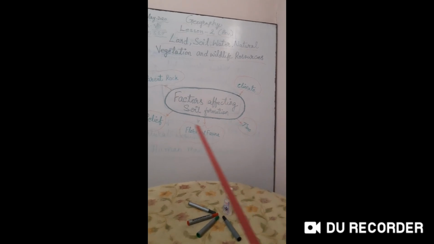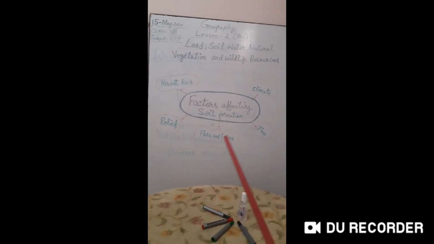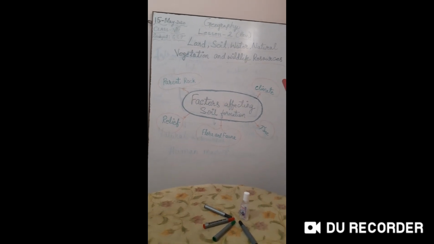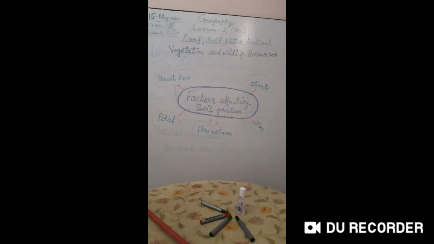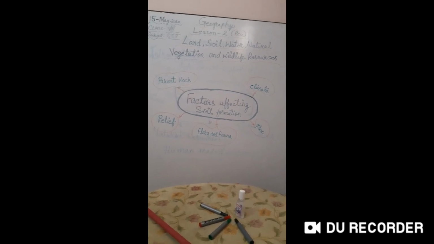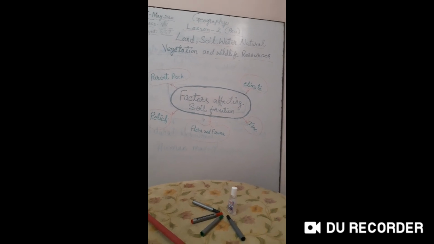Factors affecting soil formation: parent rock, relief, flora and fauna, time and climate. Land, what is land? The surface of the earth which is solid and covers about 30% of the total surface of the earth is called land.